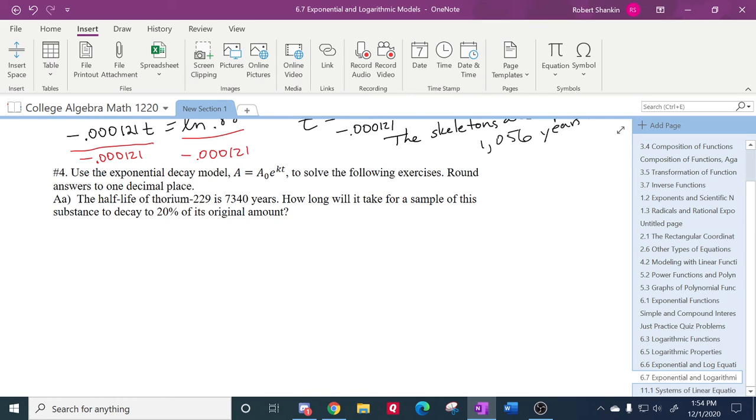So the half-life of thorium-229 is 7,340 years. Okay, now let me describe what this means.